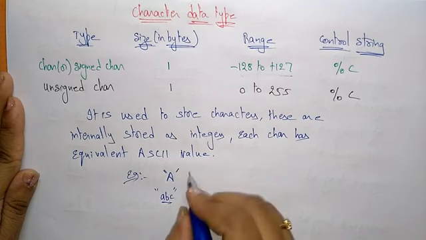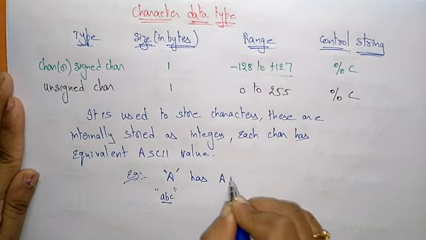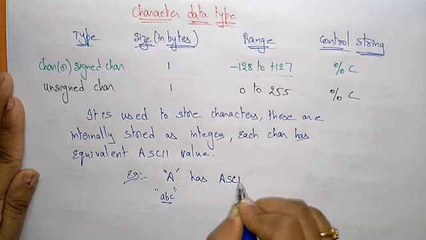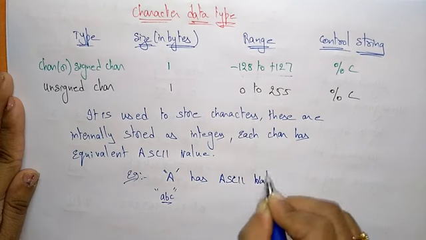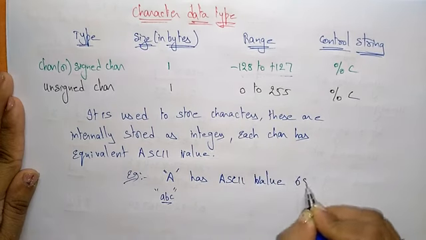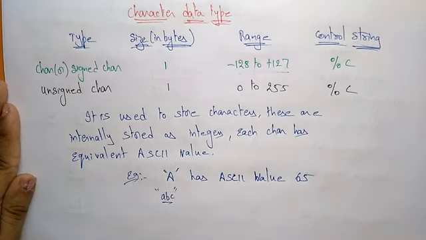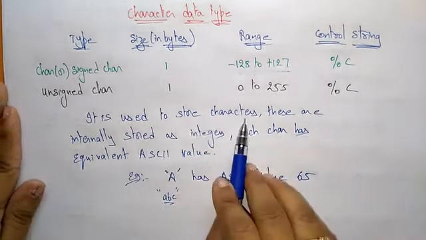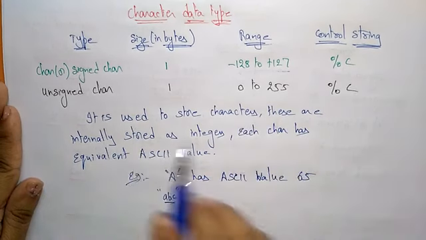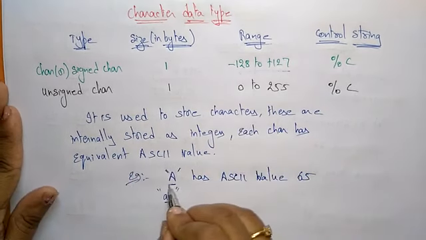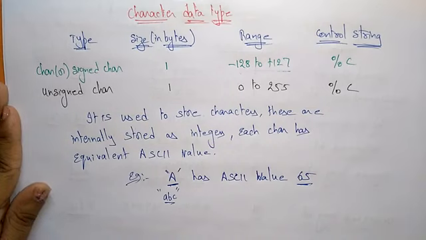The ASCII value of A is 65. So that's why we say it is used to store characters, but they are internally stored as integers. So internally A is 65.